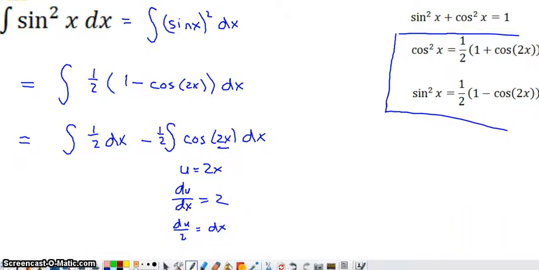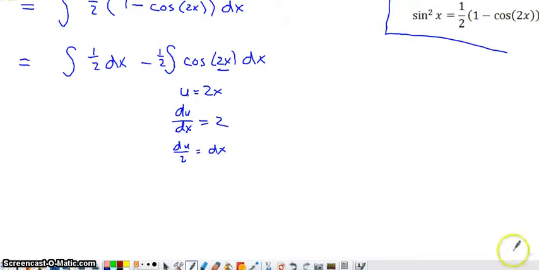The integral on the left you can do right away. The integral of 1/2 with respect to x is going to be 1/2 x. I could put a plus c there, but I'm going to subtract the antiderivative of this. I'm just going to put the plus c at the end of this line. So then I'm going to have minus 1/2 times the integral of cosine of u. So I've replaced my 2x with a u, and then in place of my dx, I'm going to put du over 2.